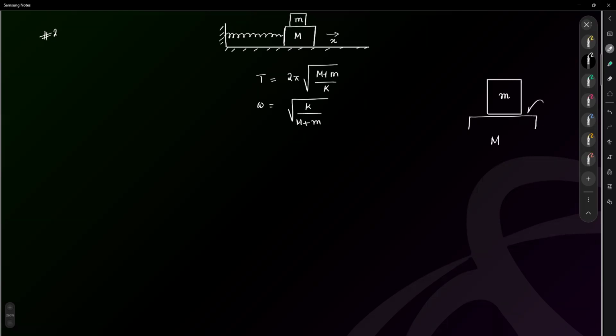And suppose the coefficient of friction between these surfaces is mu, and the friction is given by Fs, that is the static friction. So, first of all, what are the forces acting on this? One is mg, other is N, right? Also, it is being acted on with an acceleration due to the spring that is equal to omega square x, right?